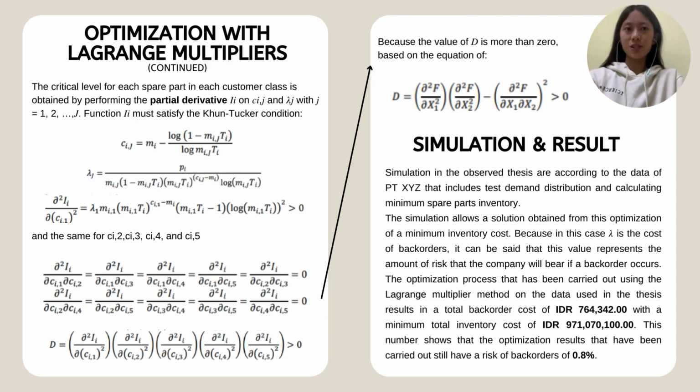The optimization process that has been carried out used the Lagrange multiplier method, and the result is that we acquired a total backorder cost of 764,342 with a minimum total inventory cost of 971,070,100. This number shows that the optimization results that have been carried out still have a risk of backorders at 0.8%.